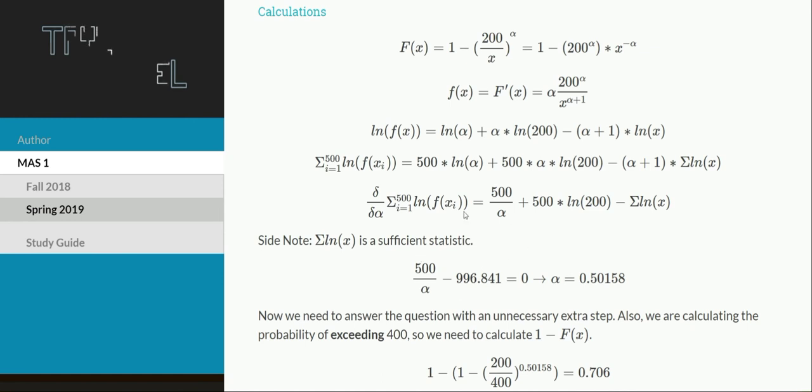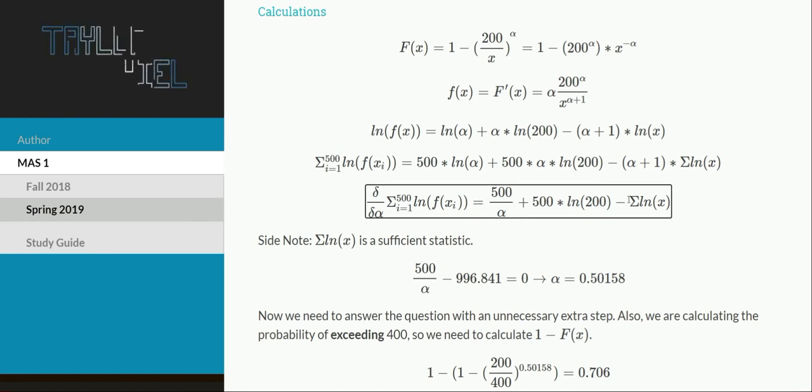What you see here is that to determine the best alpha when we set this to 0, all we need to know in terms of x's are these 500, the number of observations we have, as well as the summation of the natural log of x. You can imagine if you were tracking data by hand, you wouldn't want to have to write all the x's. Maybe you just keep summing the natural log of x's in a calculator, and at the end you only have one number to keep track of, and that's sufficient for calculating your optimal alpha.